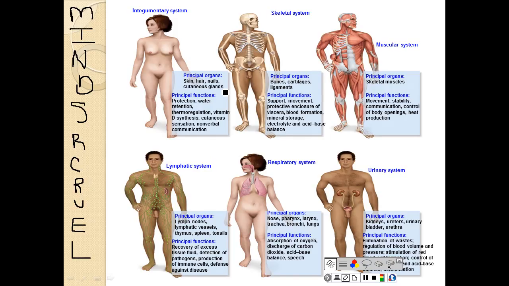Then we have our lymphatic system. If I ask you about lymphatic vessels, our spleen, our tonsils, what am I referring to? Lymphatic system. Our nose, pharynx, larynx, trachea, bronchi, lungs. We're referring to the respiratory system.